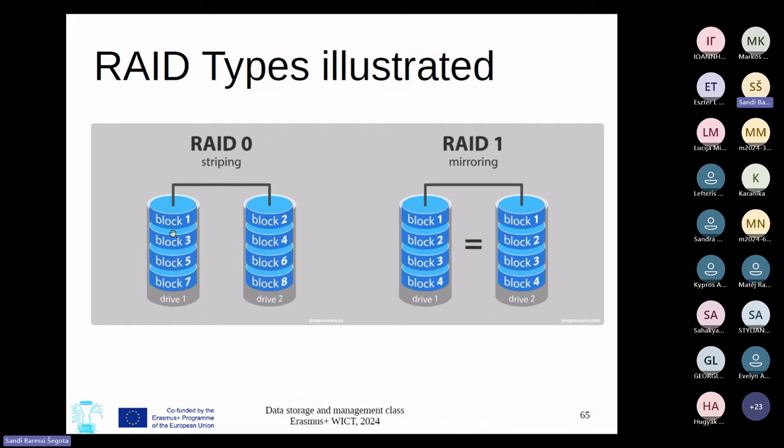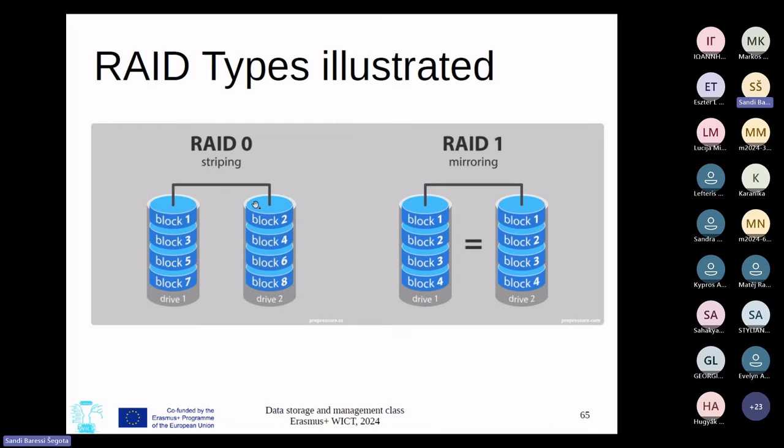If we are talking about data blocks in RAID 0, block 1 is stored on the first drive, block 2 is stored on the second drive, and so on. Third on the first drive, fourth on the second drive. The problem with this is obviously that even though it seems to me like I have a bigger drive, if I lose one or the other drive, your data is simply lost completely.